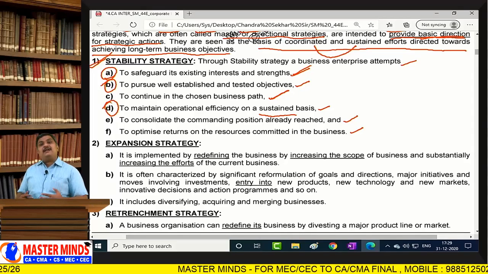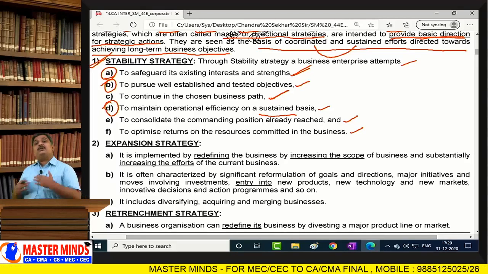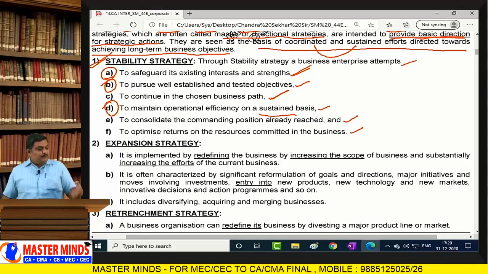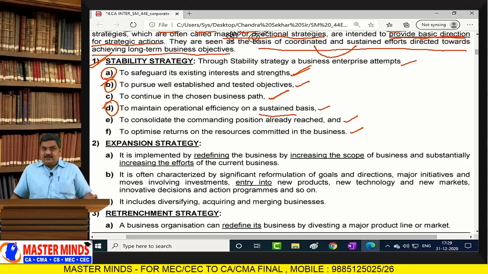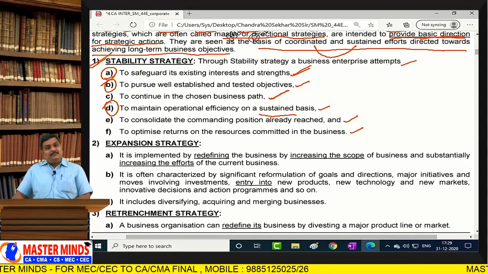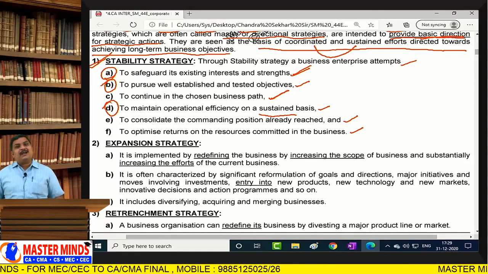That means every time you need to think on reducing the cost of your production from batch to batch. Last month you produced one batch of goods and now this month you should try to reduce the cost of production of that batch. Okay, because at the maturity stage, what happens?